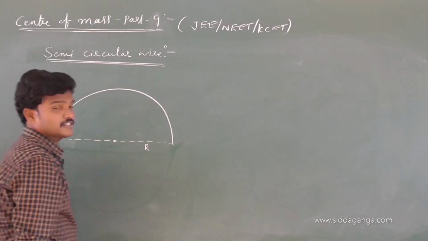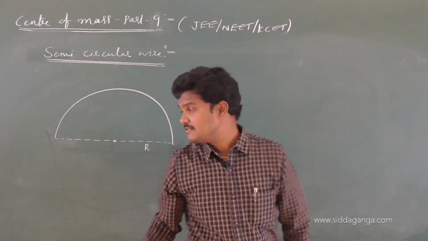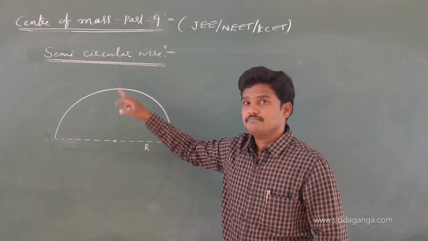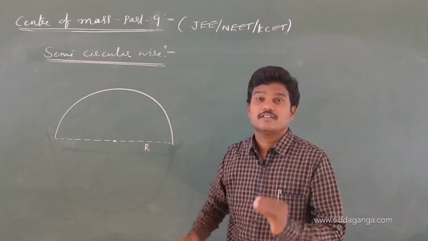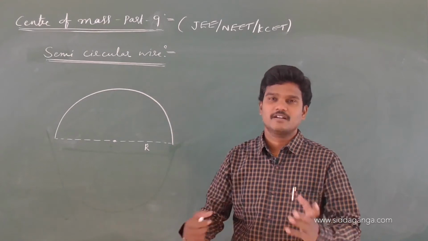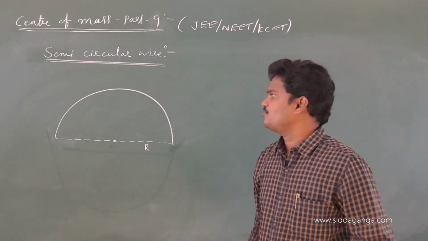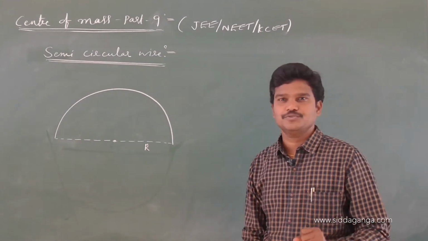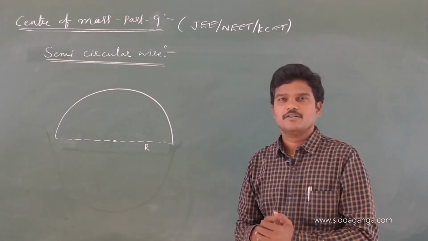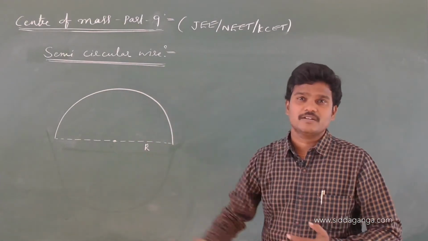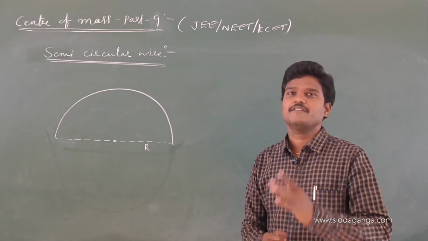But for a semicircular wire, center of mass is not at this point. Here it varies. Let us see which side the center of mass will shift, where it is located. To find this type of problem, definitely we have to use the integration method. Why? Because we have to take a small element and apply integration. After applying the integration, we will get the final answer.